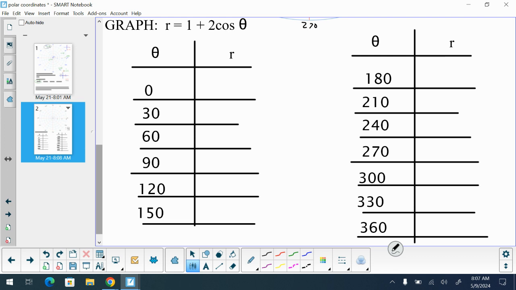You don't have to write the ordered pairs in there, it makes it awful messy, because we're going to eventually connect the dots. If you write the ordered pairs, stay outside the middle of the graph.